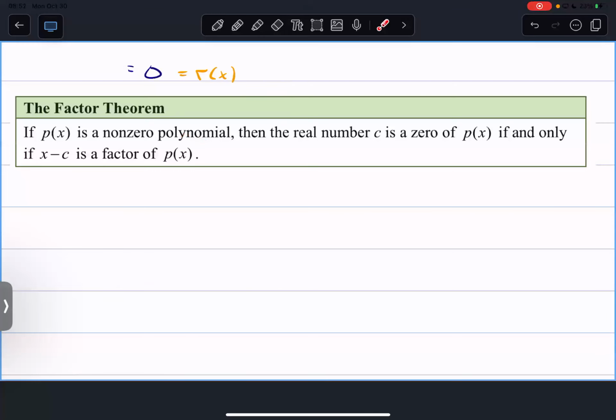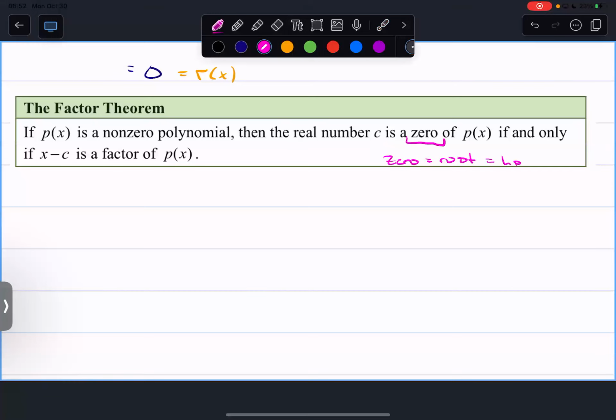Okay? And so we saw that we were able to take x minus 2, and 2 was a 0, which means a horizontal intercept, right? Maybe that needs a little reminder: a 0 is a root, is a horizontal intercept.